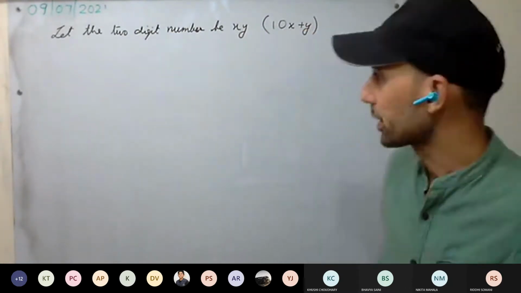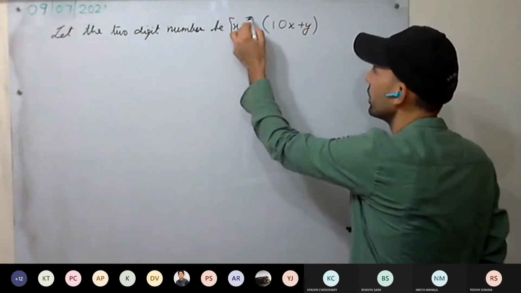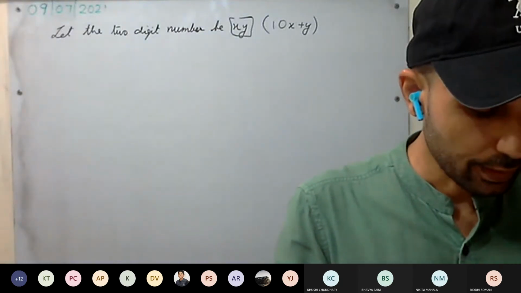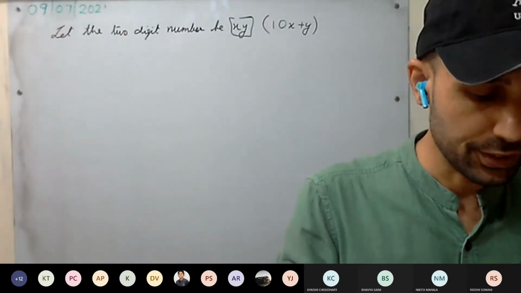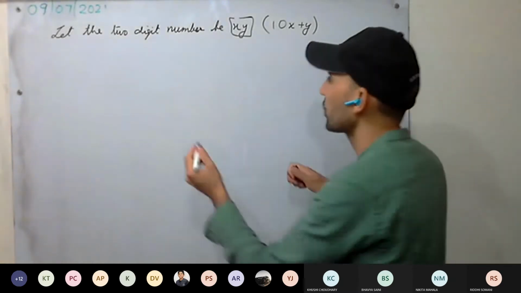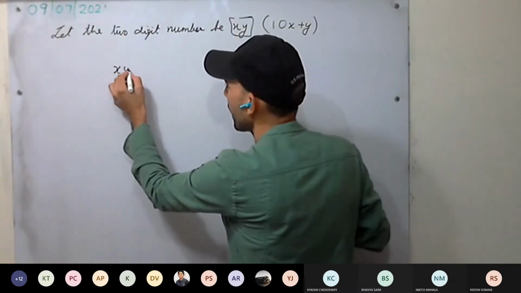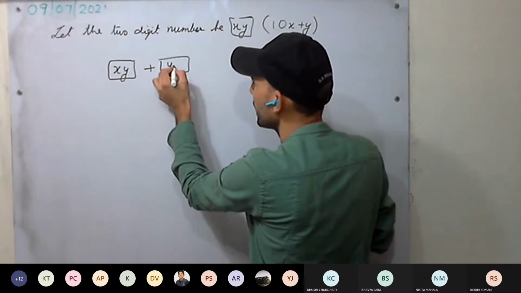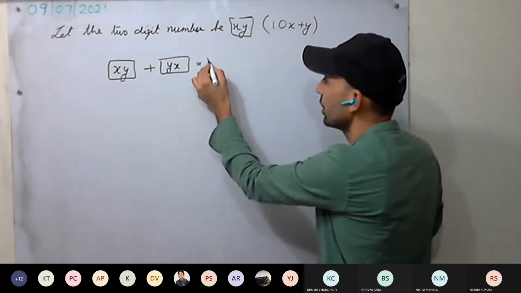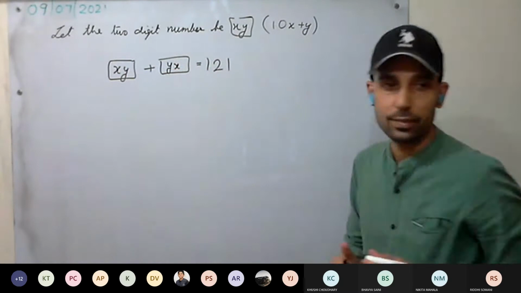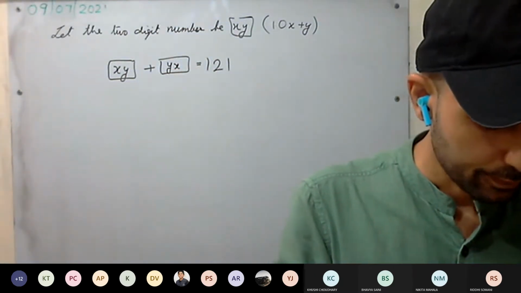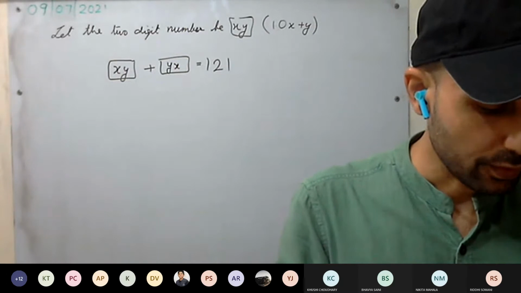This is our number. The sum of the 2-digit number, that is xy, and the number obtained by interchanging the digits is 121. Check whether you have done it correctly or not. Okay.